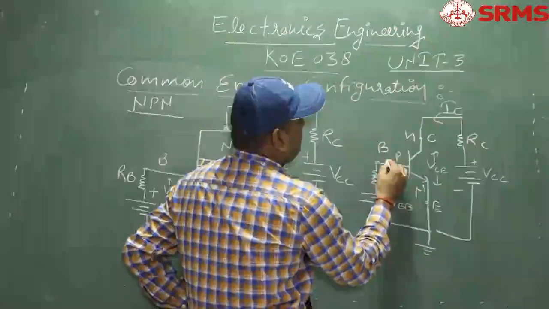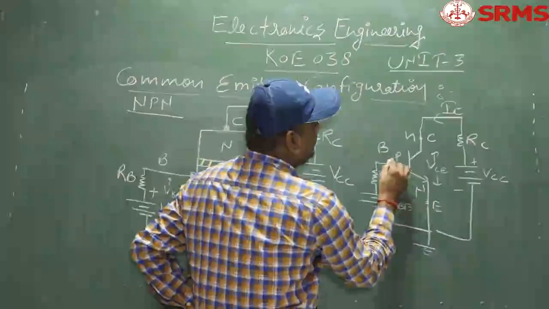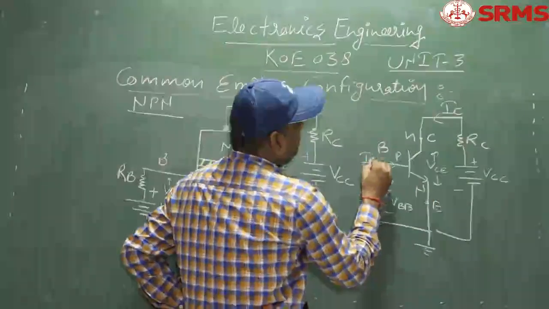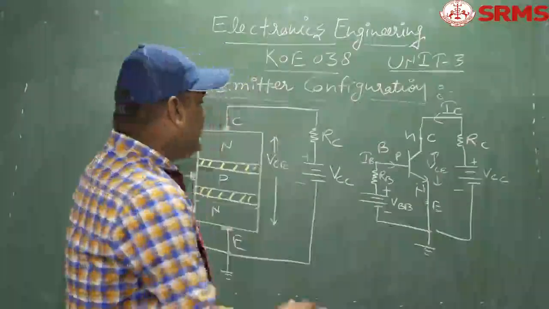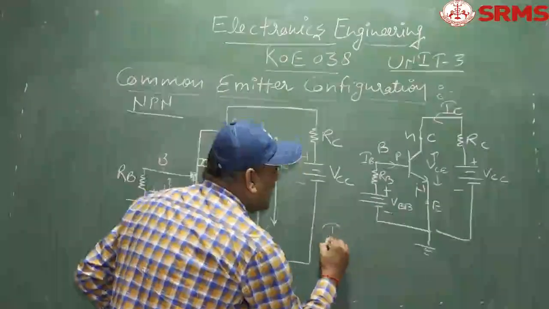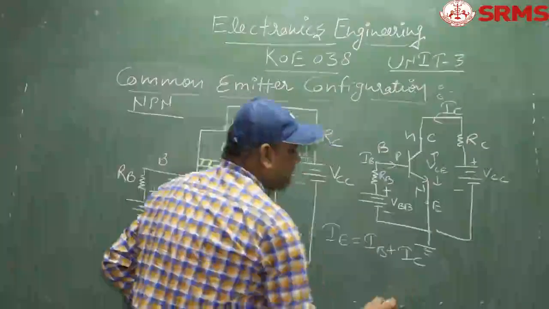And here we will discuss about the base. This is IE. IE is equal to IB plus IC. This is the direction of IB. So as far as KCL is concerned, if you apply KCL for this circuit, we will get IE is equal to IB plus IC.